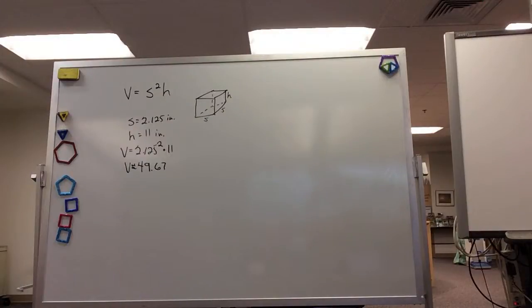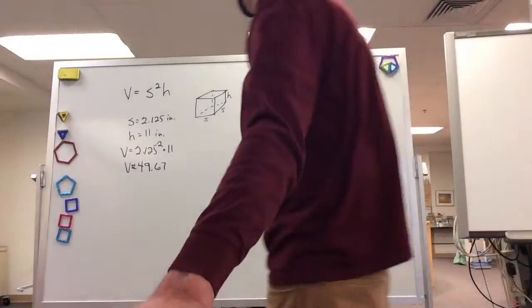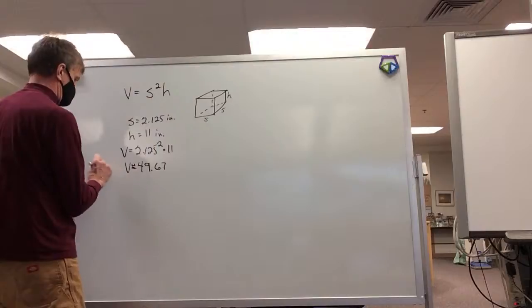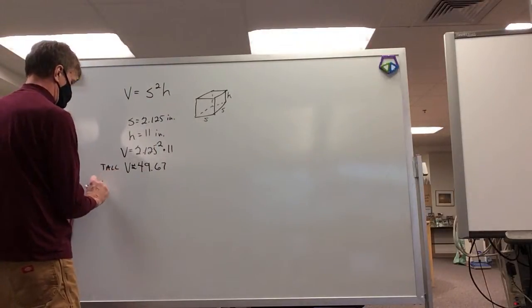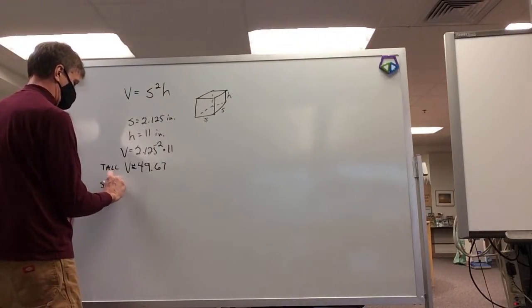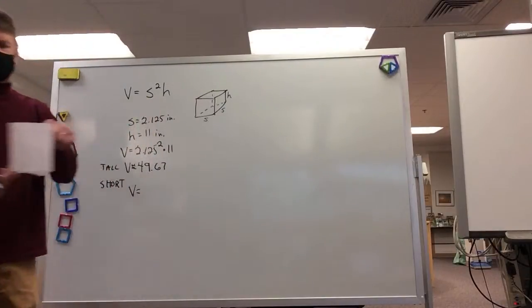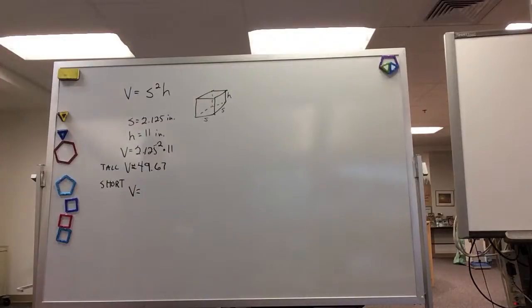So then, do the same thing for the short prism. Okay, so this is for the tall one. So what's the side length of this one? What was the side length of that prism?